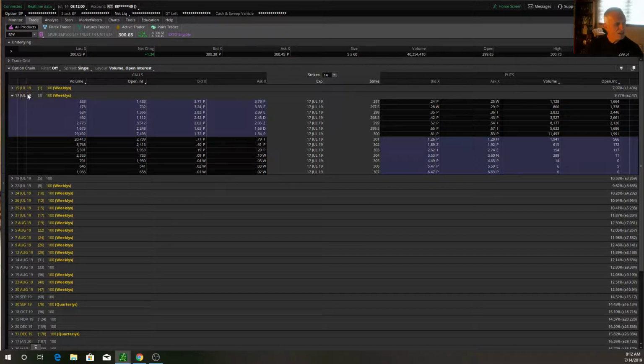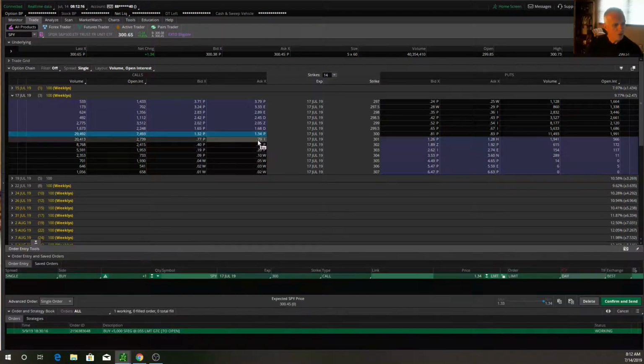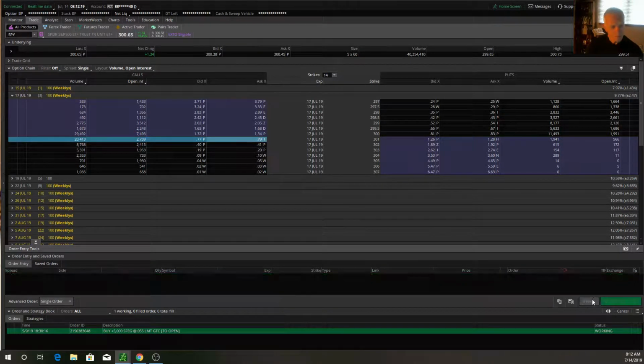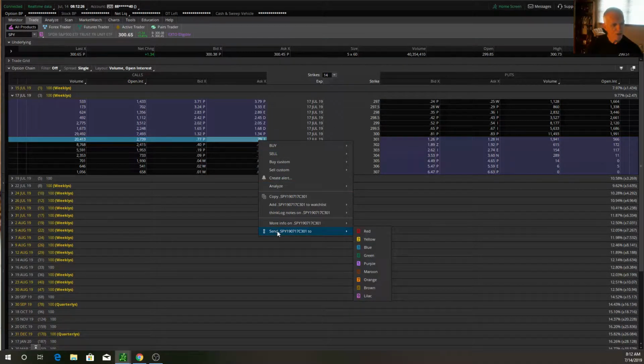So we'll take this 3 days to expiration option chain for the SPY. Call side, we're going to go in here in the bid, just right click on it, and let's go over here first. Let's go to the ask column. We're going to plot the ask column, and once we get the window, go all the way to the bottom and then send it to that orange chart symbol link that I had in the middle.